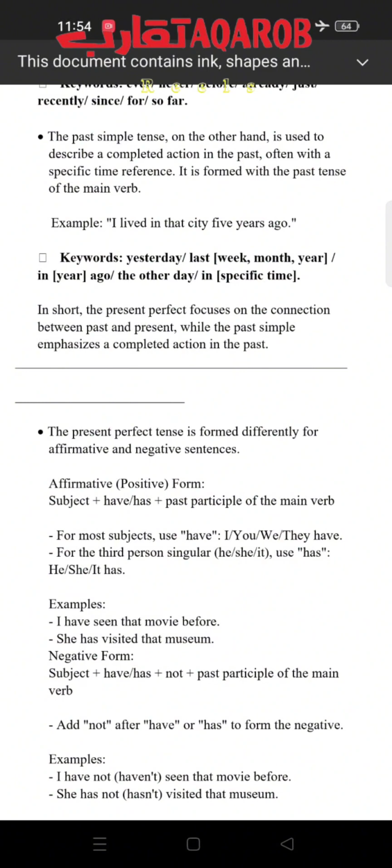So here we used the subject, and after the subject, the past tense of the main verb. For example, the past tense of the verb live is lived. I lived in that city 5 years ago.